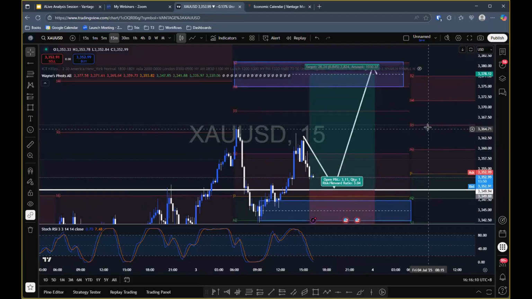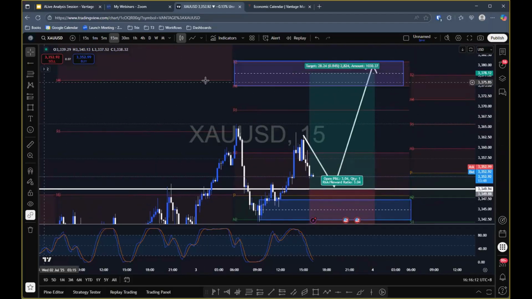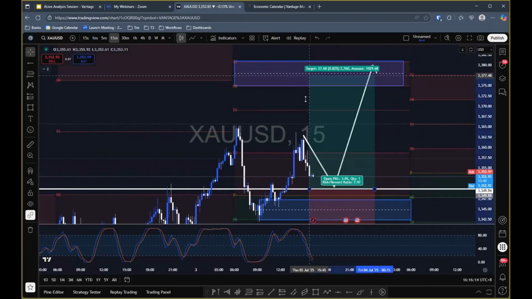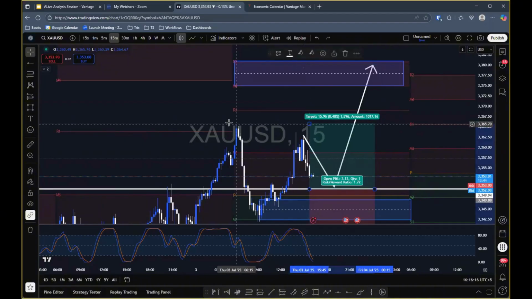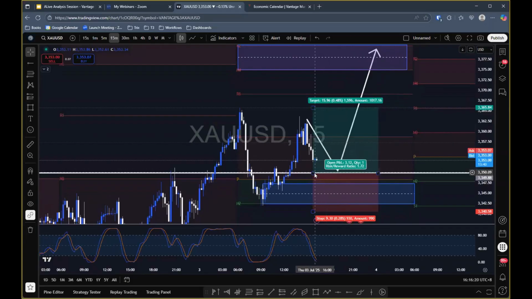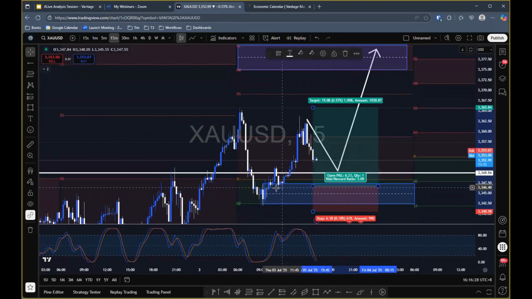But if you are a more conservative trader looking to target this high here, your entry might have to be pulled back a little bit, somewhere around this higher low here. Again, this level was not taken, so if your target is this high, this would have been your entry.